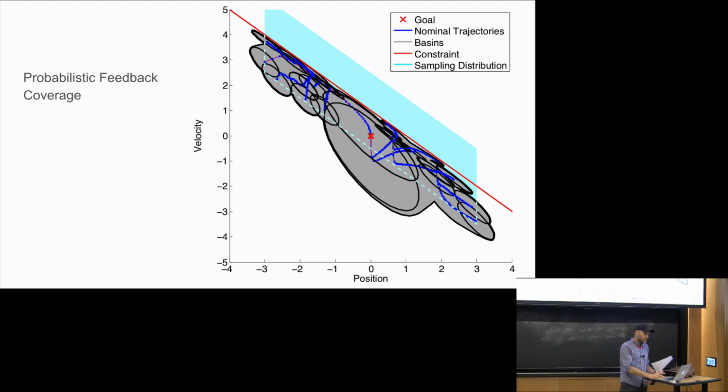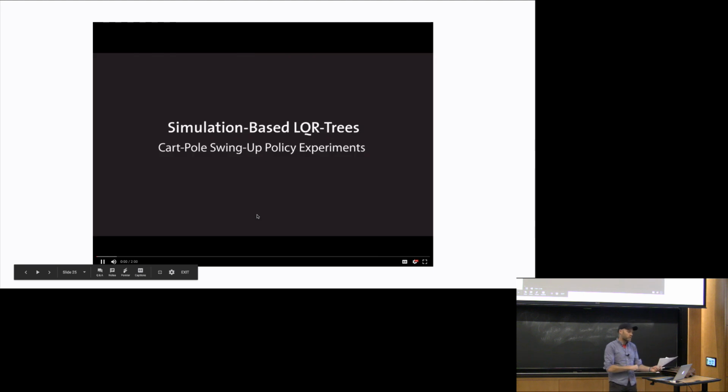Okay, so that's an idea, and this is what I showed early on, when I said, "Don't worry about LQR trees yet." This is showing it playing out on the cart pole.